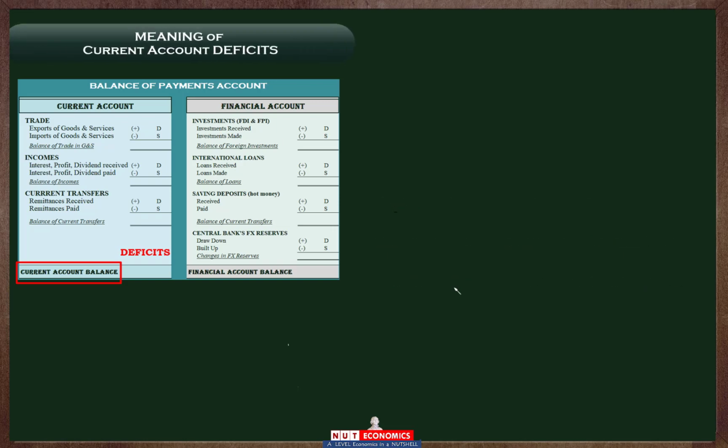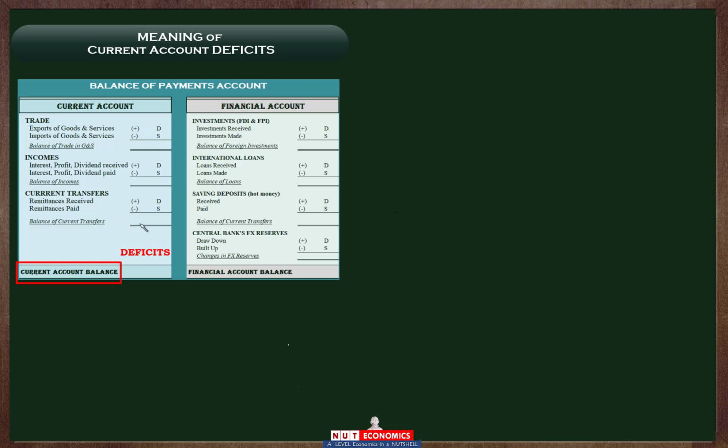Now, let me start off first of all by quickly reminding you of what we already know about the basic concept of what is a current account deficit, and we will take things on from there. So what we have already learned is that a current account deficit simply means that overall there is a larger amount of outflow of dollars than inflows because of all of these different international transactions that are recorded within the country's current account.